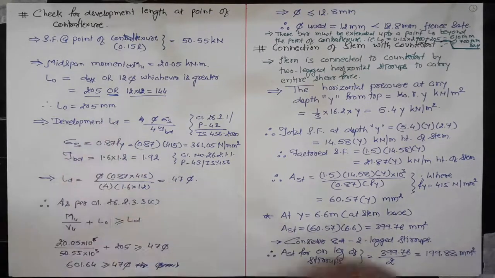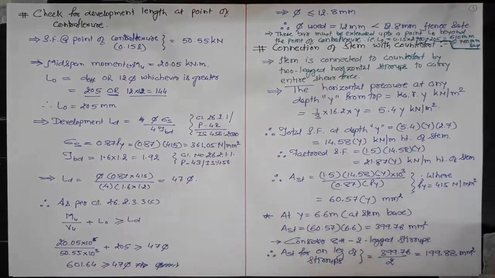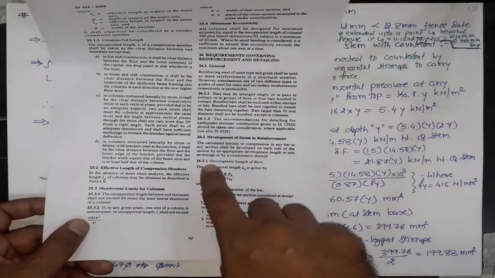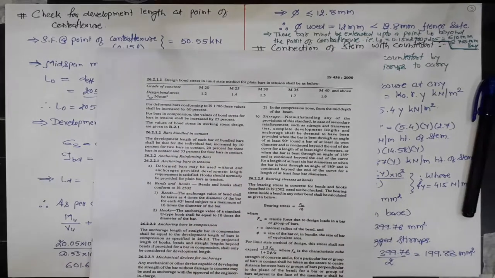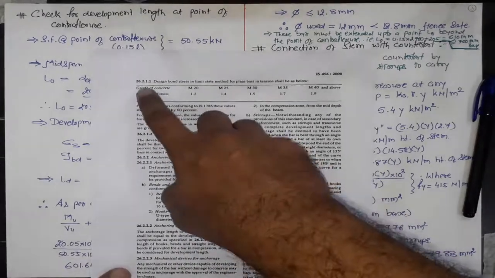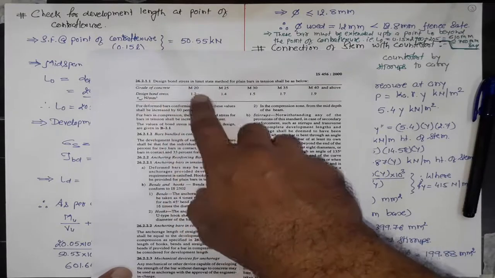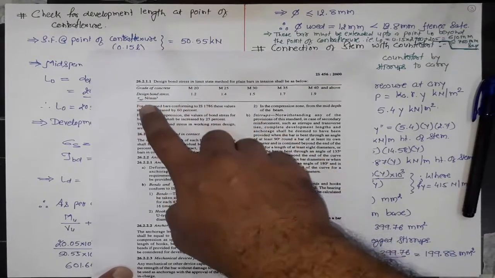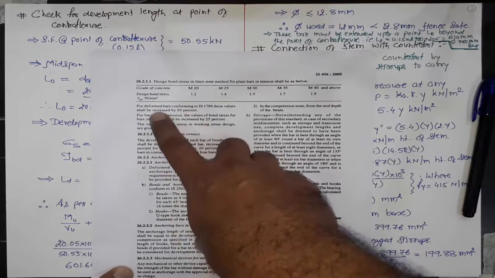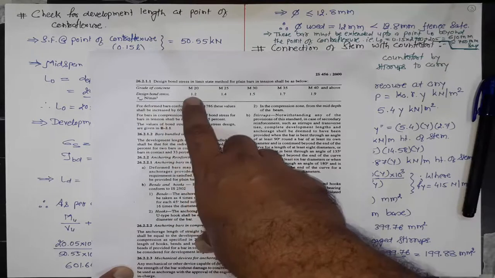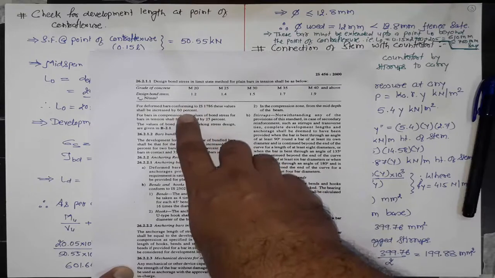Again development length as given in clause number 26.2.1, LD will be equals to 5 times sigma s upon 4 times tau BD, where tau BD can be calculated from 26.2.1.1. For M20, tau BD will be equals to 1.2, where for deformed bar we are supposed to increase this 1.2 by 60%.